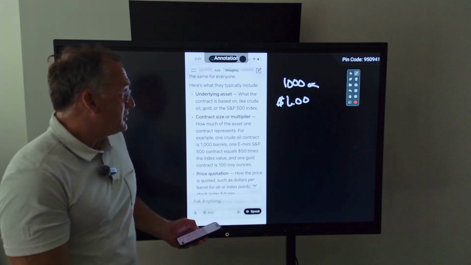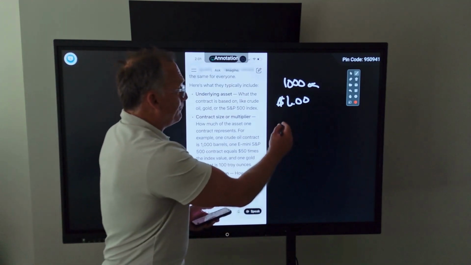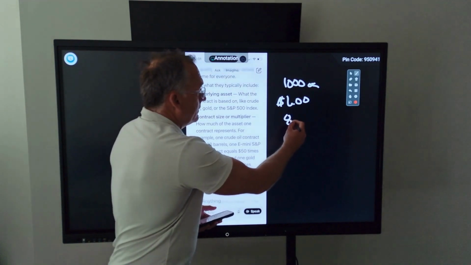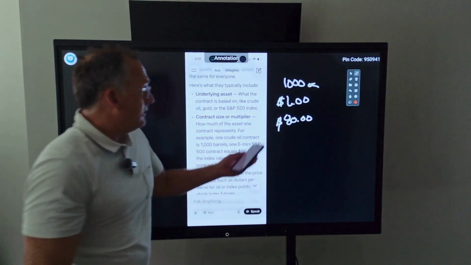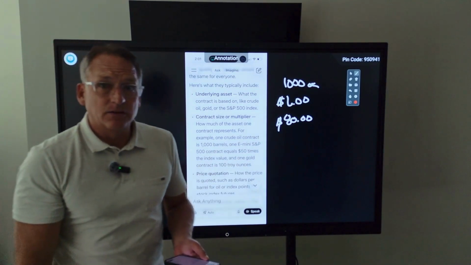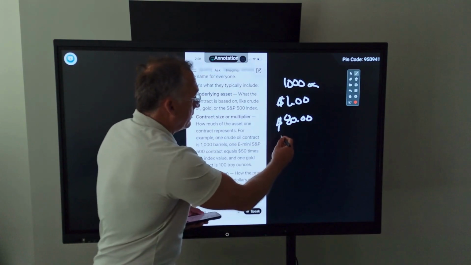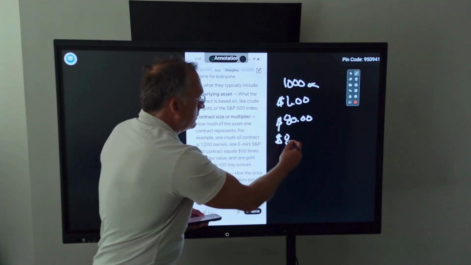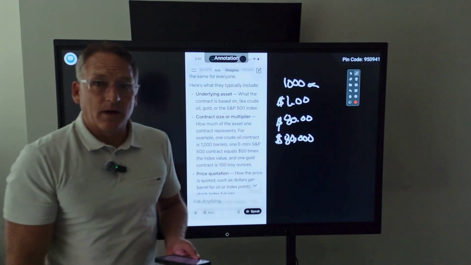And the price quotation for every, like I said, the price is quoted. Let's say, for instance, the price of silver is at 80. Okay. If it's being quoted at $80 per ounce, what that means is you're controlling $80,000. Okay, $80,000 worth of product.